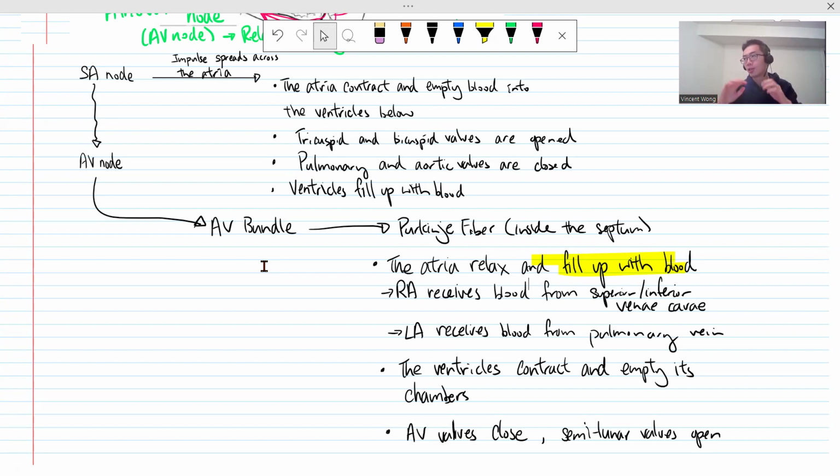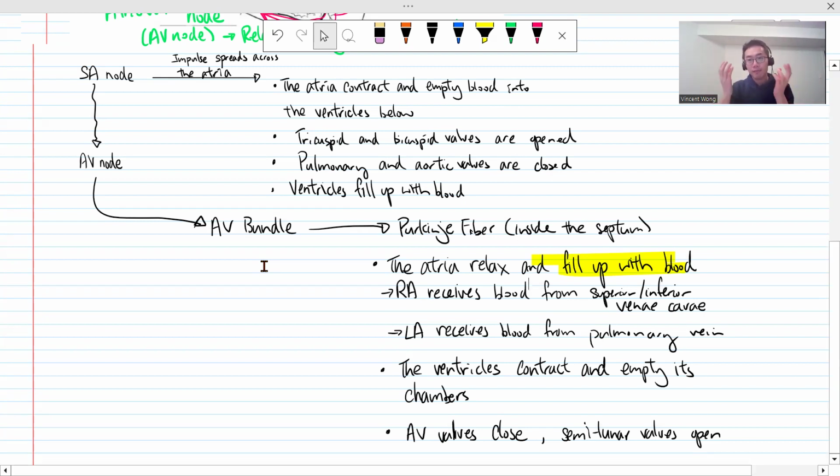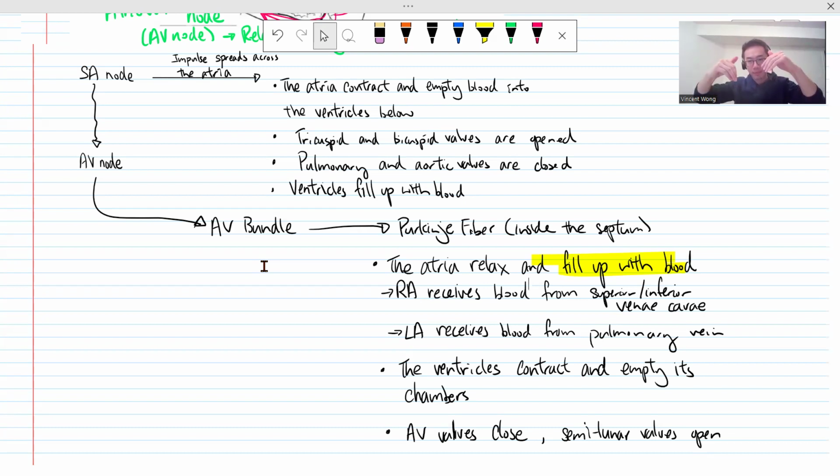Okay? So for everyone else, relax means filling up. Contract means emptying. So when atria contract, the ventricles relax. That means ventricles are filling up and atria are emptying into them.